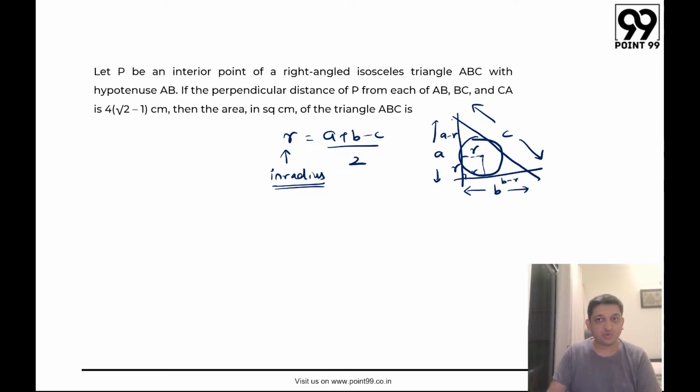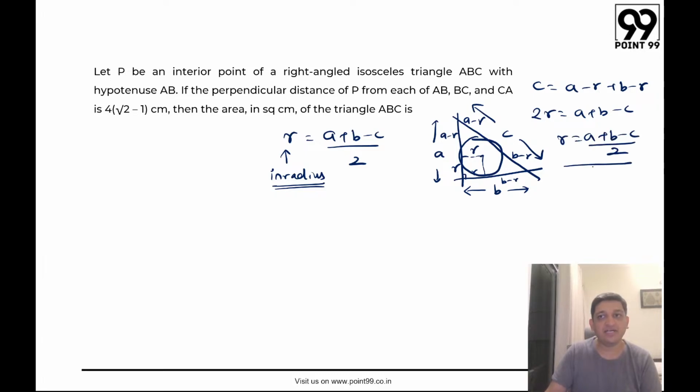Now because these two are tangents to the same circle from the same external point, this part of the hypotenuse will be a minus r and this part of the hypotenuse will be b minus r. So we are able to say here that c is nothing but a minus r plus b minus r. Or in other words, 2r will be equal to a plus b minus c, or r will be equal to a plus b minus c divided by 2.